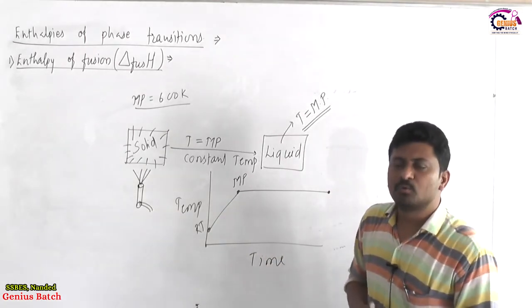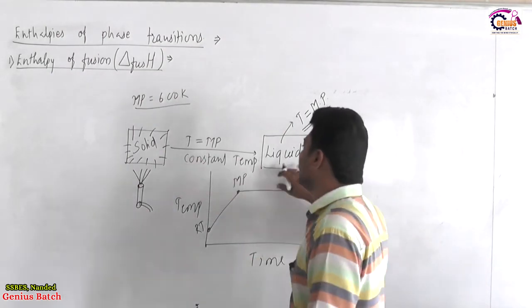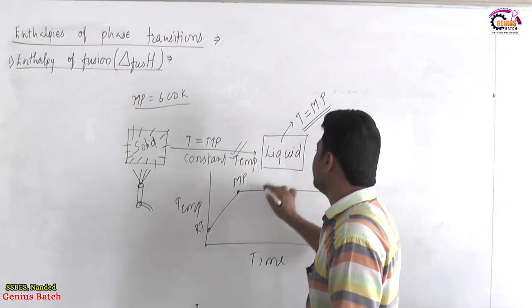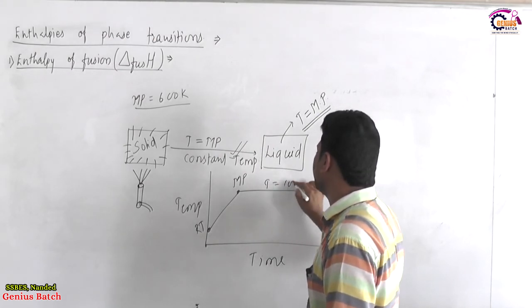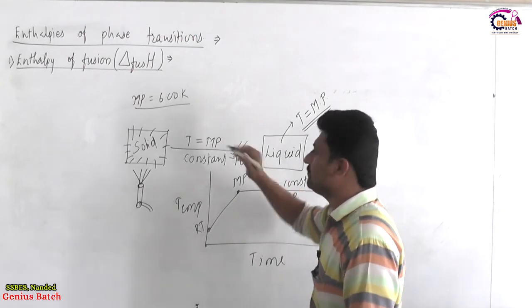state change. So what we observe is that the conversion of a solid into liquid occurs at a certain constant temperature, and that constant temperature for a material substance is nothing but its melting point, when it is a fusion process.